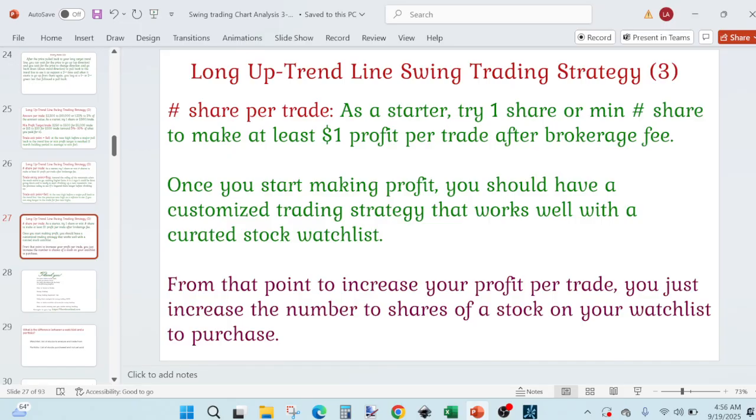But guess what? With this long option and insurance strategy, you are going to make more than $1, because you are buying at the valley and selling at the peak of the mountain. The time frame that you are staying in the trade will play to your advantage to the point that you are going to make more than $1 profit, even on one share.